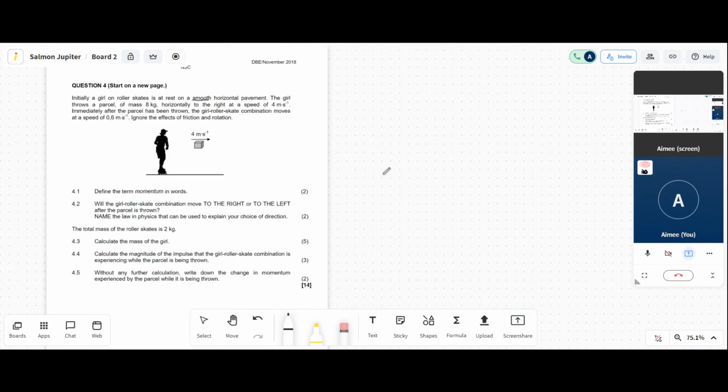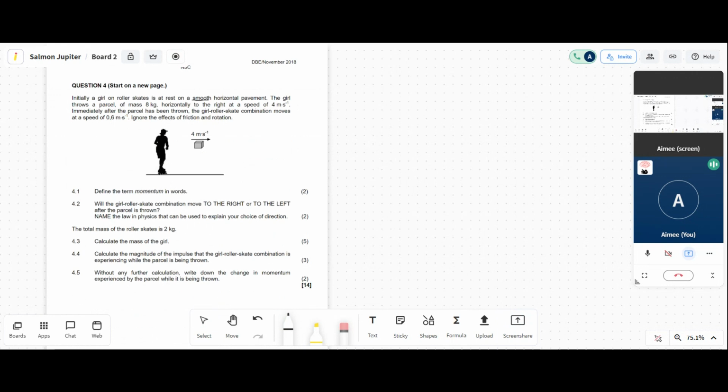Okay? So we start with question 4.1, and it says, define the term momentum in words. Once again, I'm just going to reiterate, there is a document for grade 12s that has all of the definitions on it. The definitions that will be accepted and marked correctly at the end of the year.